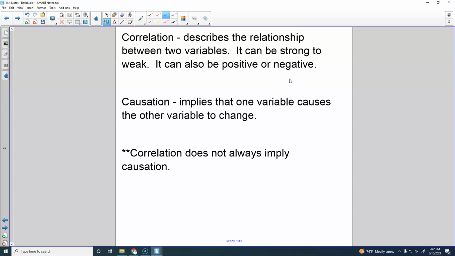What's important, though, is that correlation is not the same as causation. Causation implies that one variable causes the other variable to change. Correlation does not always imply causation.